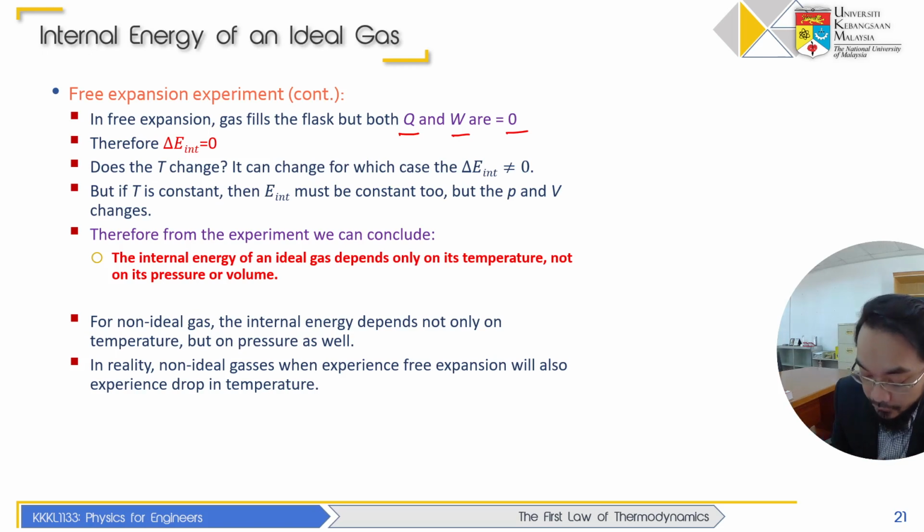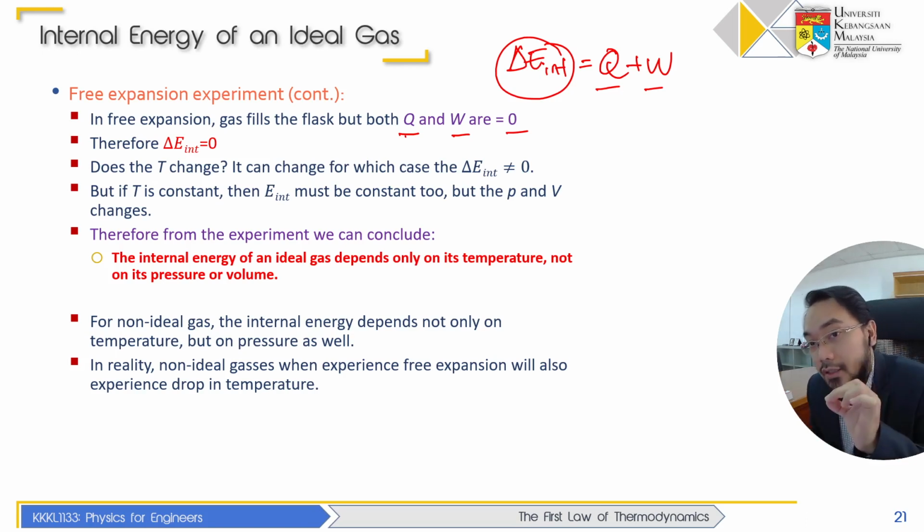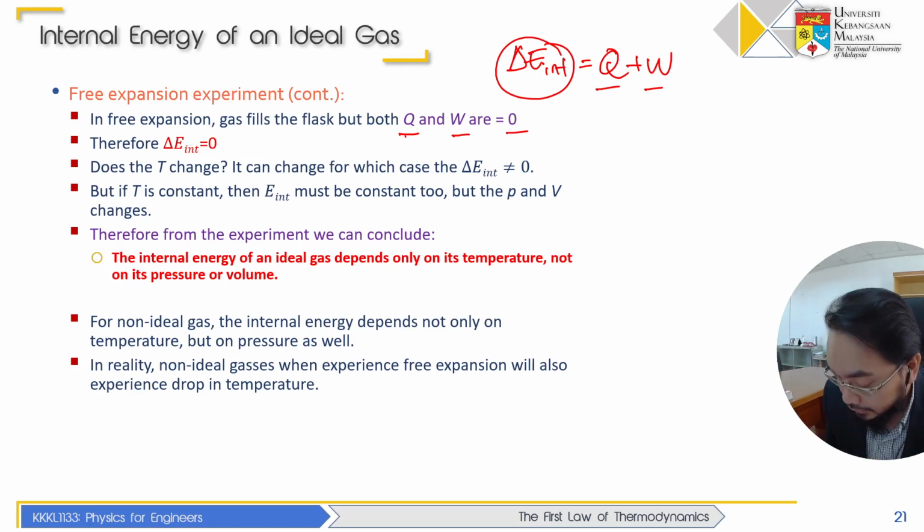Therefore, if Q and W are zero, based on the first law of thermodynamics, the change of internal energy must be zero as well. But the question now is, does the temperature T change? It can change, in which case the change of internal energy will not be zero anymore.